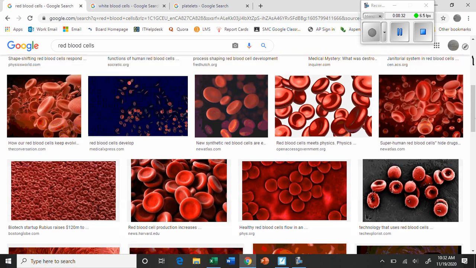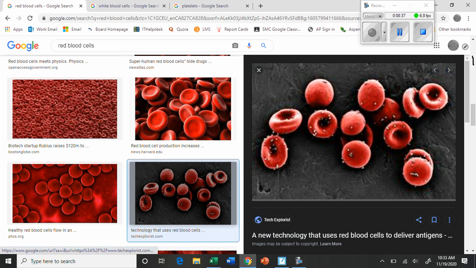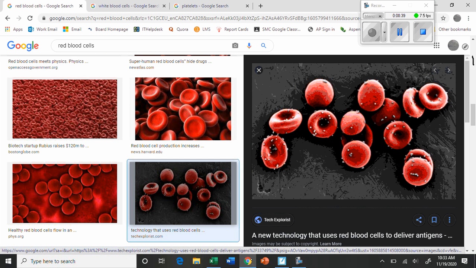I'm looking for an actual microscopic view. Here's a microscopic view, this one, right here. And you can actually see in this view little sticky bumps on top of the red blood cells. Those sticky bumps, remember how we said a cell membrane has those glycoproteins and glycolipids that stick out and form identifiers and sites for things to attach?